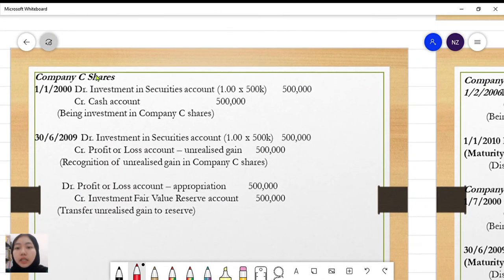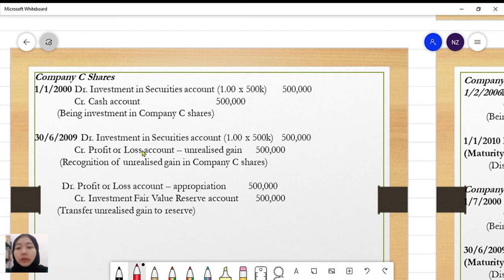The method is the same. First we record the investment in securities account, to record the first payment we made when we first bought the shares of company C. Look at the acquisition date, it must be correct.